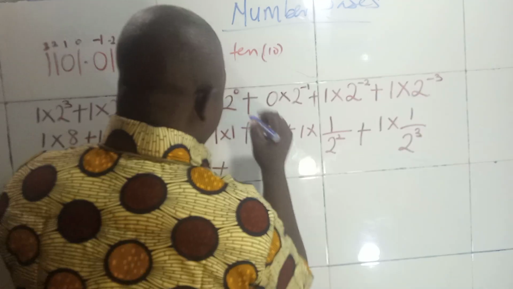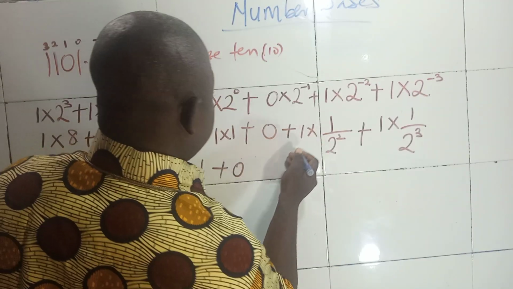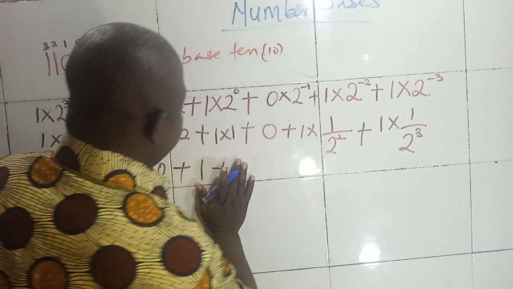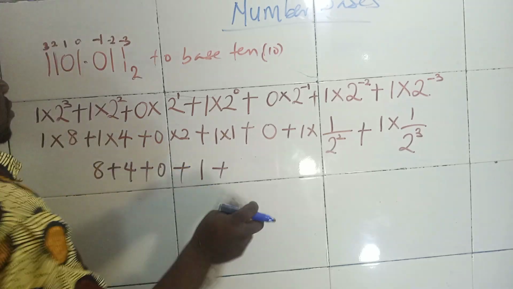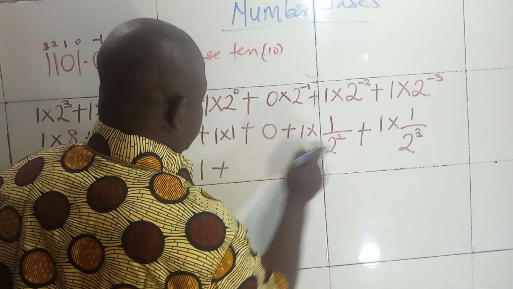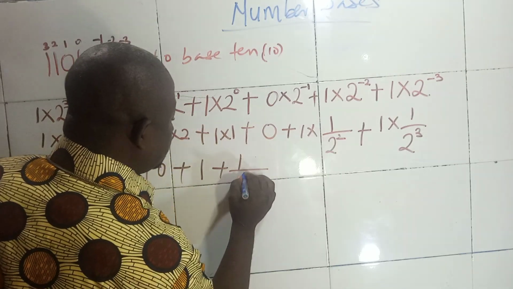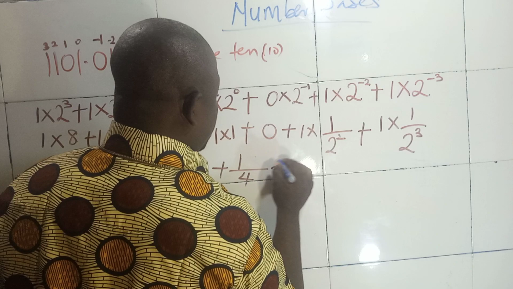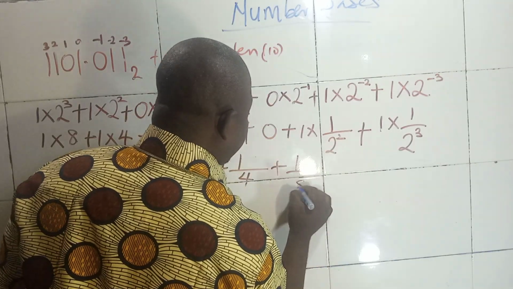Then plus 1 times 1 over 2, plus 1 times 1 over 2 raised to the power 2, which is 4, plus 1 times 1 over 2 raised to the power 3, which is 8.